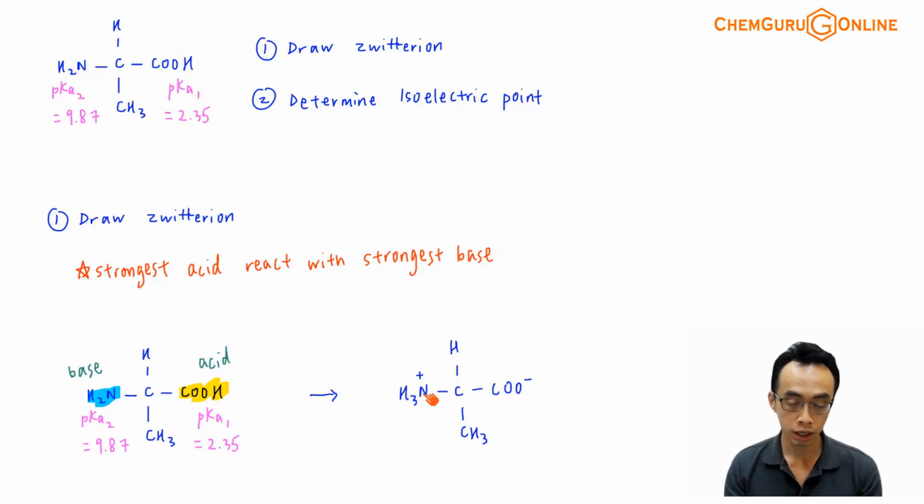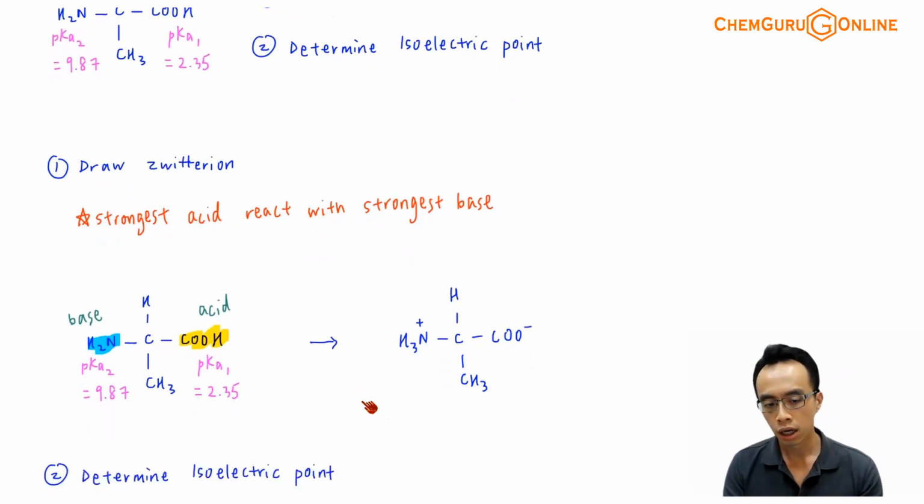So the Zwitterion for alanine will look something like this: NH3+, CH3, and COO-. So for a Zwitterion where the R group is neutral, meaning there's no acid or alkaline functional group present in the R group, it is fairly straightforward. I just need to transfer the proton from the alpha acid to my alpha amino group and I'll be able to draw this Zwitterion very easily.